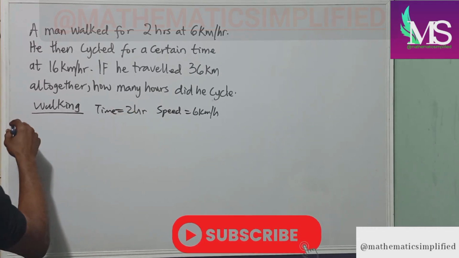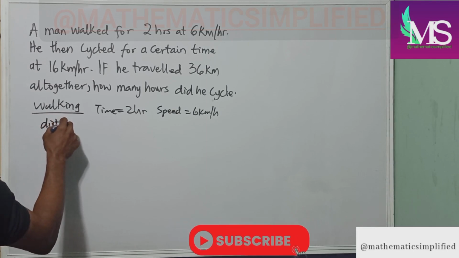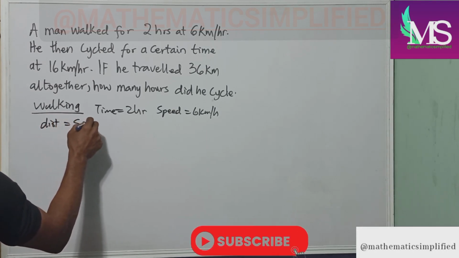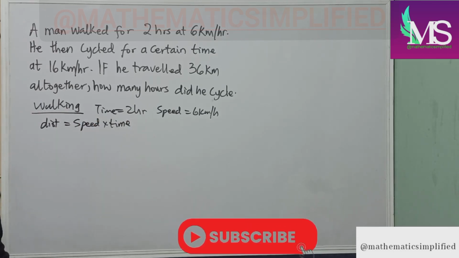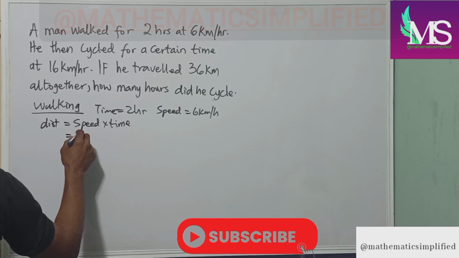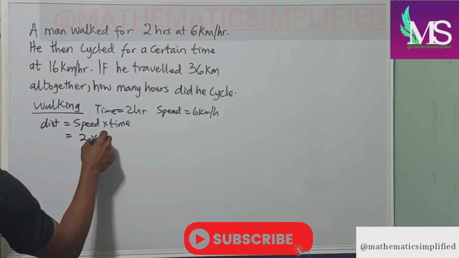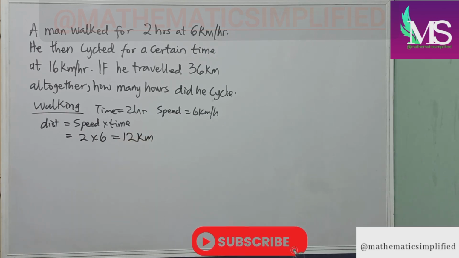And we know that distance equals speed times time. Okay, distance equals speed times time. This gives us 2 hours times 6, which gives us 12 kilometers.